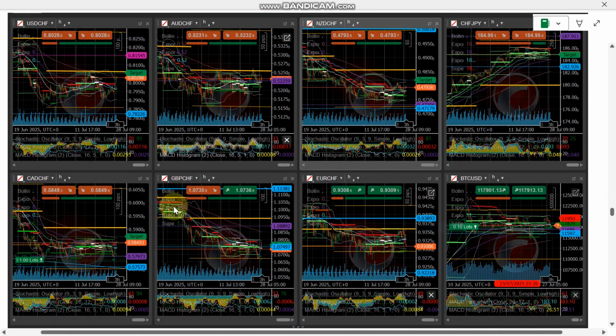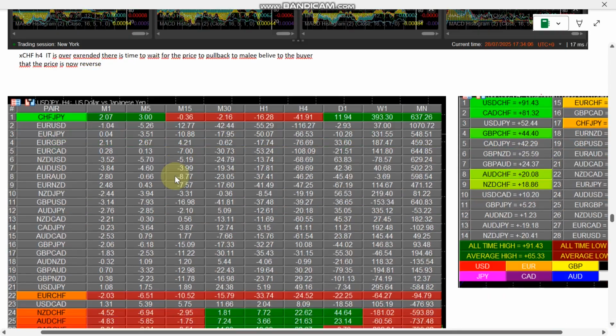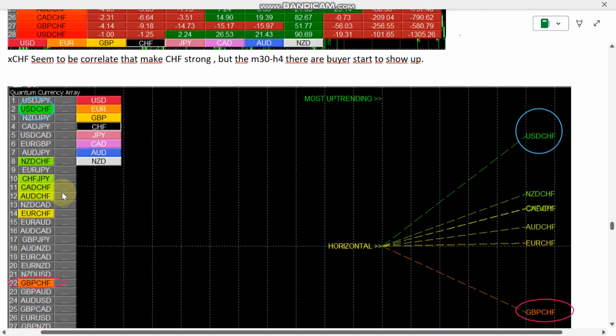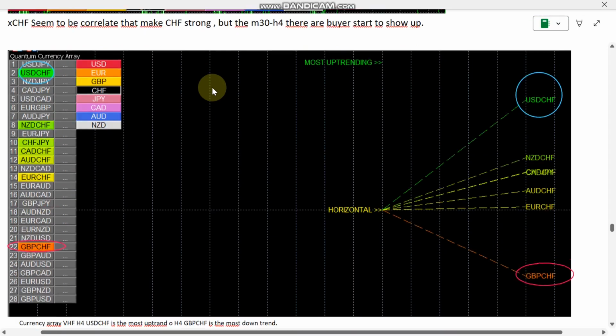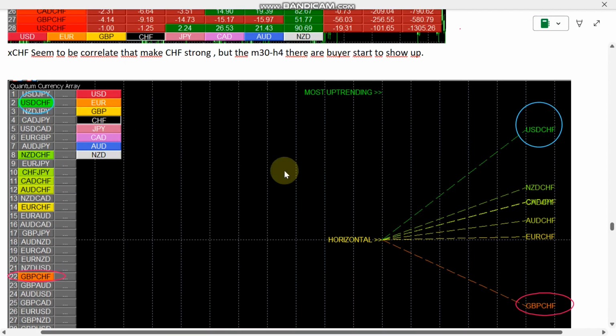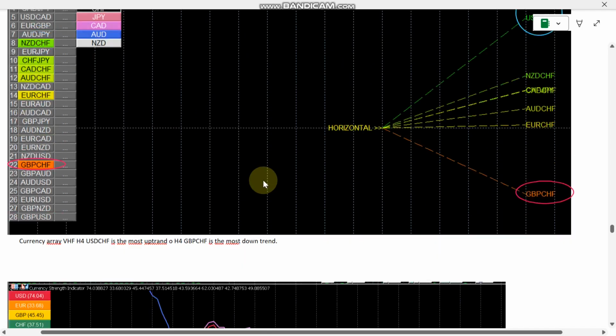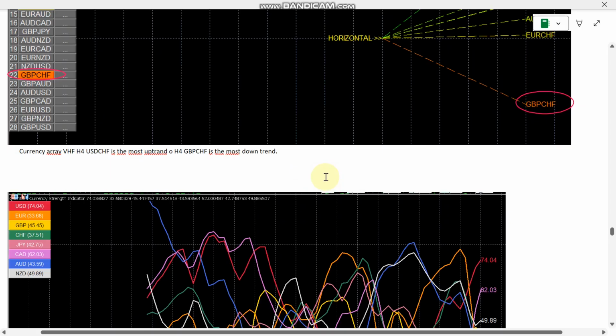USD Swiss franc, 4 hours. All of these at the bottom still want to pull back somehow. Swiss franc still strong. USD Swiss franc on the top, GBP Swiss franc at the bottom.